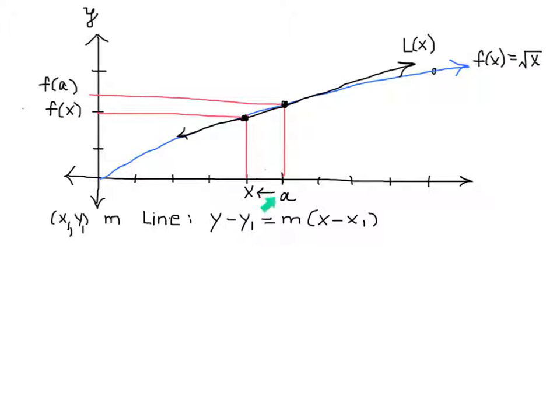So our x value that we're considering is a, and its y value is f of a, okay? So when we talk about our point, I'm going to change the color to blue. Our x1 is a, and our y1 is f of a. That's the point.